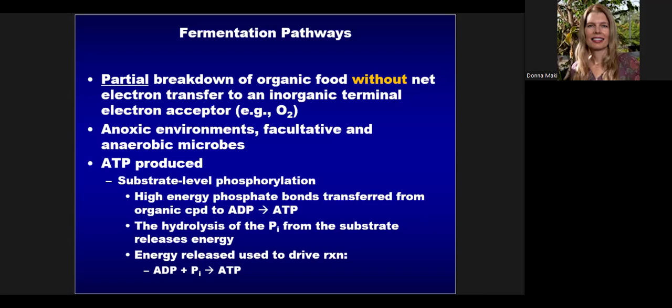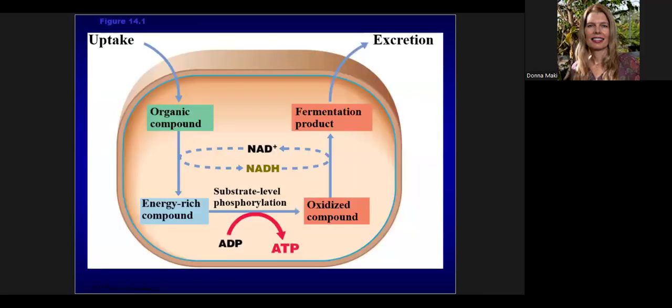But anyways, you deliberately feed them certain types of carbohydrate in order for them to really pump through fermentation to get you that ethanol. In the brewing industry, they're fed very particular carbohydrates to maximize their ethanol output. But in natural settings, they're just working with what they have around them.